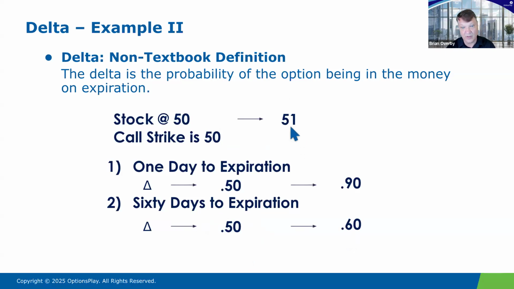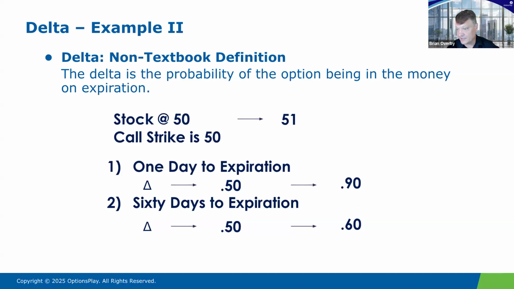Can the stock move more than one with 1 day remaining? Probability is pretty low, right? 1 point on a $50 stock is a fairly high percentage overall. Could it do it? Yes. But the probability of it doing it is only 10%, which is the difference between 90 and 100. Okay?